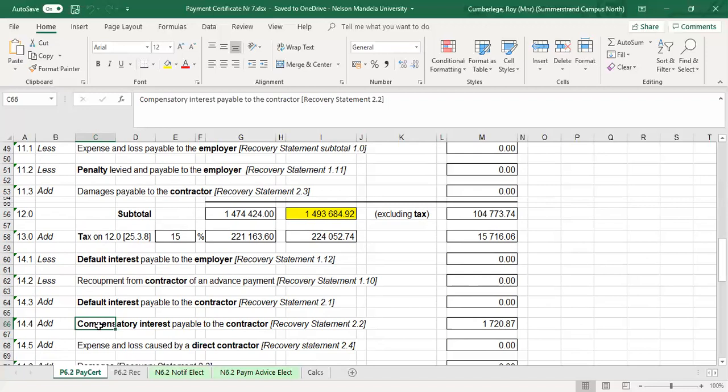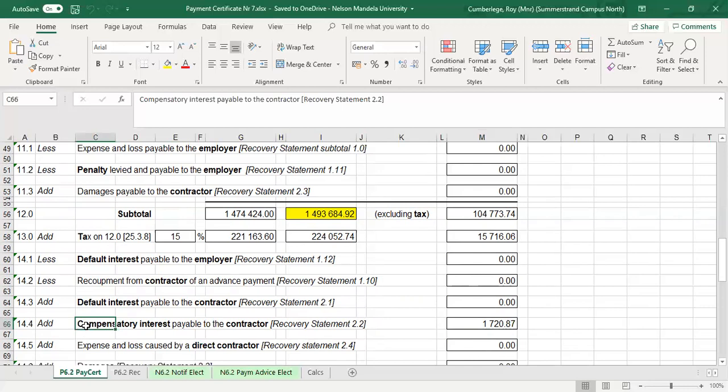We will discuss this calculation. There's no penalty as we calculated for default interest. Remember, default interest applies where someone is in default. In our case, we discussed and determined default where the employer was late in paying the contractor. So the employer was in default, so the contractor is entitled to default interest.